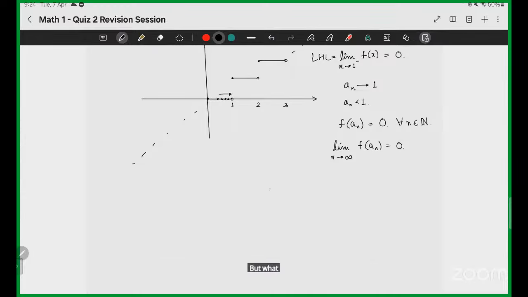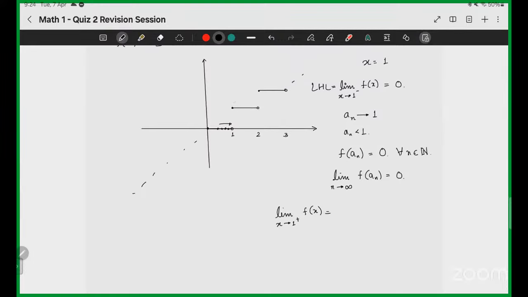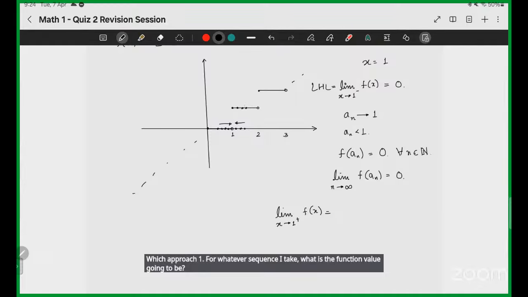But what about the right-hand limit? The limit as x goes to 1 plus of f of x. For this, I need to consider points which are to the right of 1, which approach 1. For whatever sequence I take, what is the function value going to be? 1. 1 only.